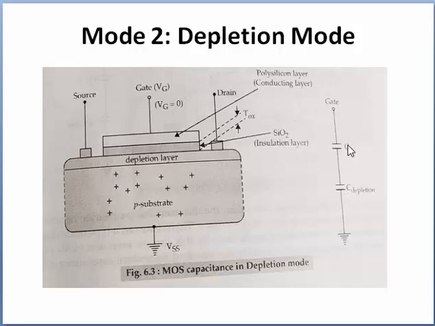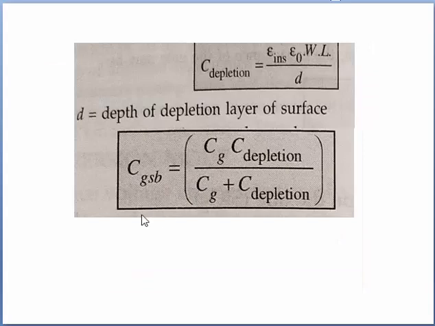So the total capacitance is 1 by Cg plus 1 by C depletion. Then by solving this, we obtain CGSB equal to Cg times C depletion whole divided by Cg plus C depletion. This is the second mode of operation, that is the depletion mode.